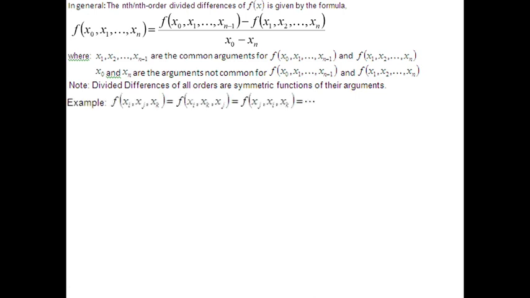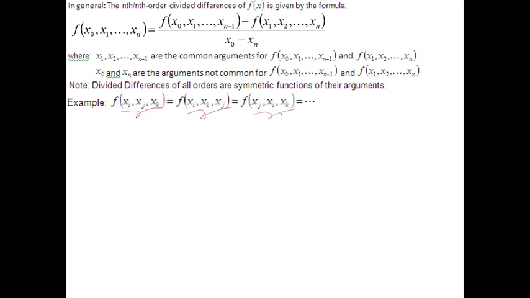In other words, this is the interpretation of the statement: regardless of the position of the arguments inside the function, let's say the order is x sub i, x sub j, x sub k, or the order is x sub i, x sub k, x sub j, or x sub j, x sub i, x sub k, it doesn't matter.